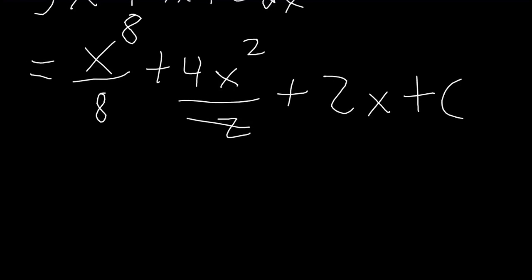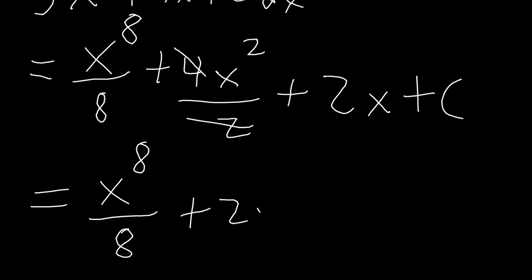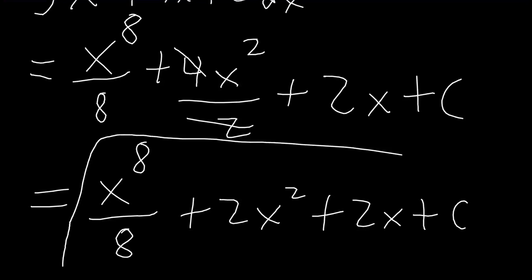And we can simplify this a bit by canceling the 4 and the 2. So we're going to be left with x to the 8 over 8 plus 2x squared plus 2x plus c. And that's going to be our answer.